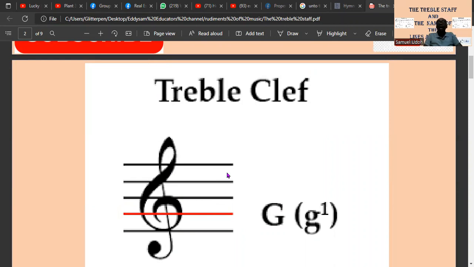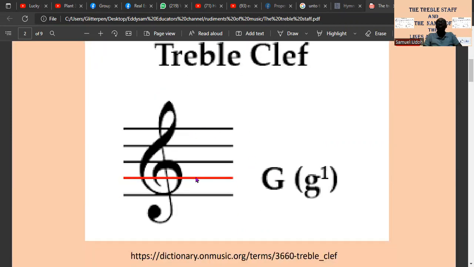Normally, I said in one of our previous videos that a staff is made of 5 lines and 4 spaces on which music is written. The staff without a clef is useless. When you have a staff without a clef, that music cannot be ascertained. You don't know which note is which.